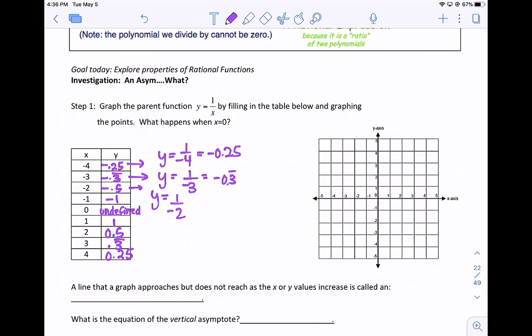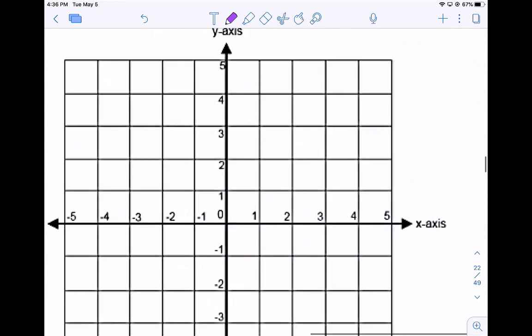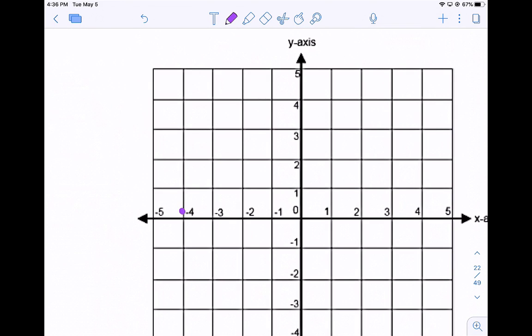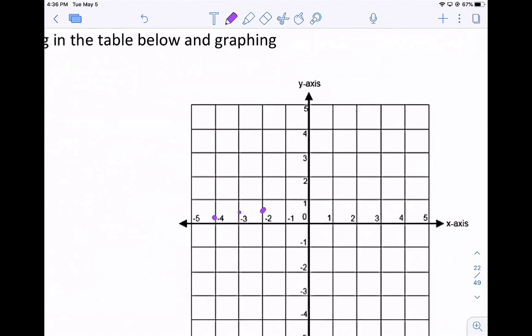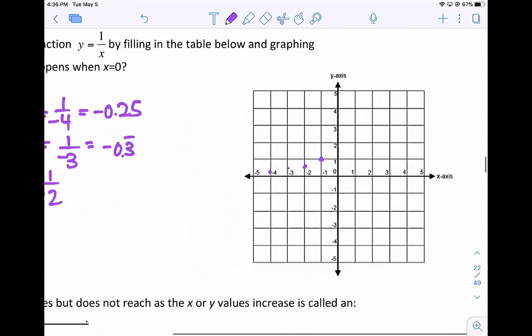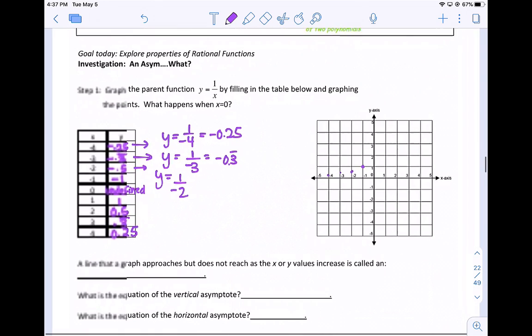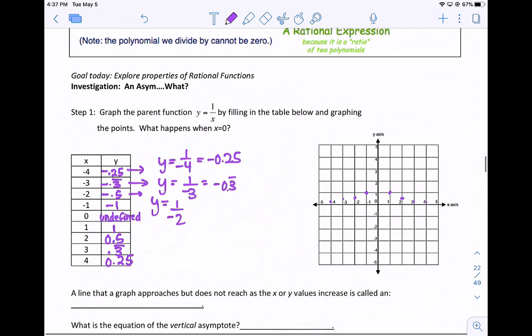All right, so now on our little coordinate plane here, I'm going to graph negative 4, negative 0.25, negative 3, negative 1/3, negative 2, negative half, negative 1, negative 1, and then we have this undefined, and then we have 1, 1, 2, 1/2, 3, 1/3, and then we have 4, 1/4.